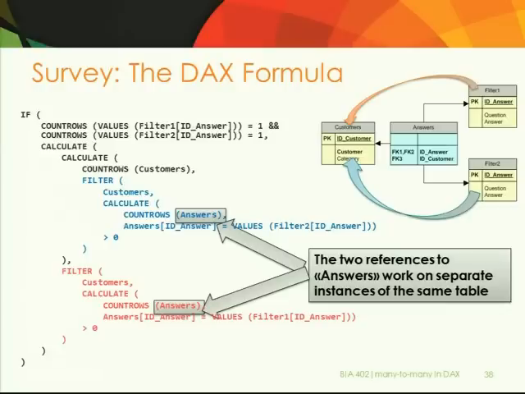I think you will not get the right result. I'm pretty sure you will not get it, because when I say that the two references to answer are two separate runs on the same table, if you duplicate it, you will filter only the customers.